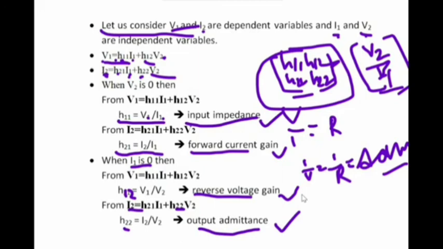So this is all about hybrid parameters, and in later sessions we will discuss equivalent parameters of different configurations.